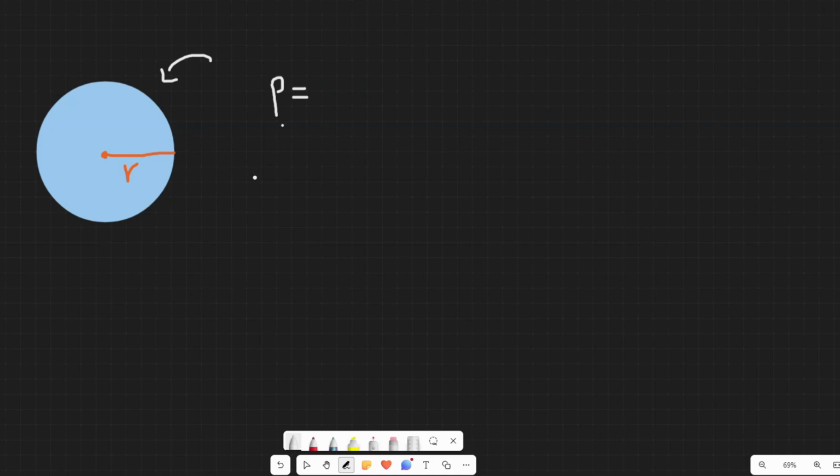but we have to follow this formula for this circle because it's really hard to calculate. Compared to the previous shapes, this one is a bit harder, so we use 2 times pi times r. What is pi? Pi is a famous mathematical constant, which is equal to 3.14.